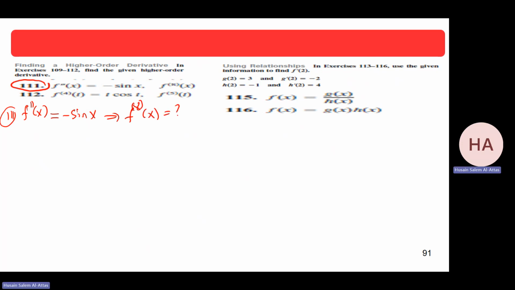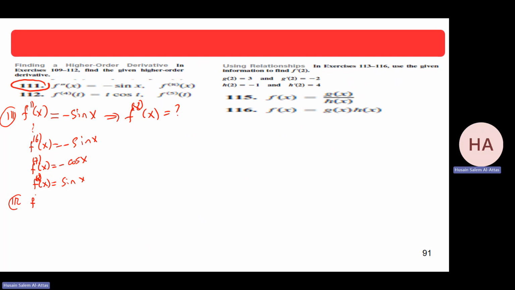Okay, now I know for sine and cosine, every 4 derivatives will be the same. So plus 2 plus 4, the 6th derivative is minus sine x. So the 7th is minus cosine x, and the 8th is sine x.